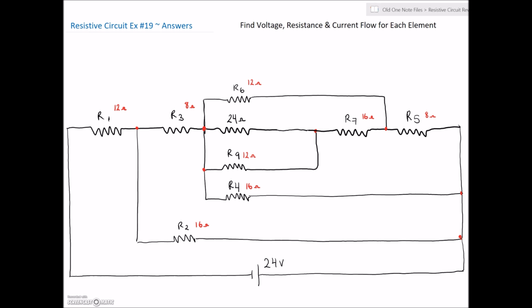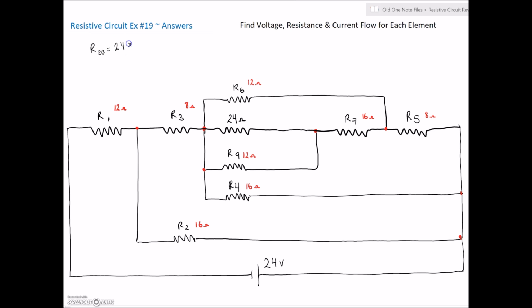So let's do the combination of 8 and 10, and the combination of this resistor here and R9. We've got one value at 24, one value at 12, and those you can see are directly in parallel there.